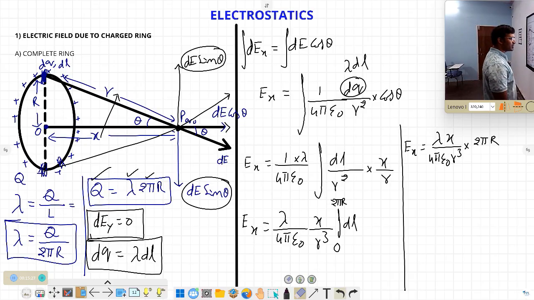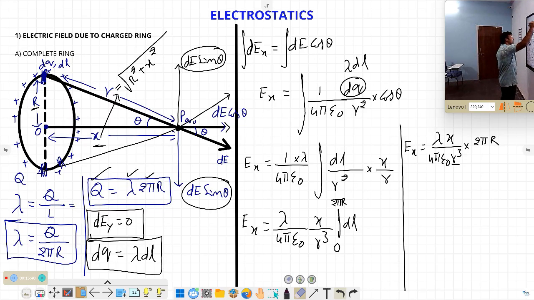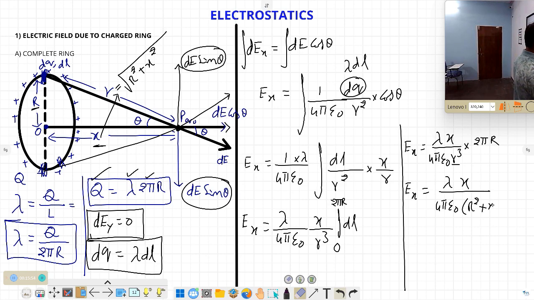What is r here? Radius. Now small r can be replaced. From the diagram, this is x and this is radius r, so small r is equal to the square root of r square plus x square. If you replace that, Ex, the electric field along the x-axis, equals lambda x by 4 pi epsilon naught into r square plus x square whole power 3 by 2, into 2 pi r.